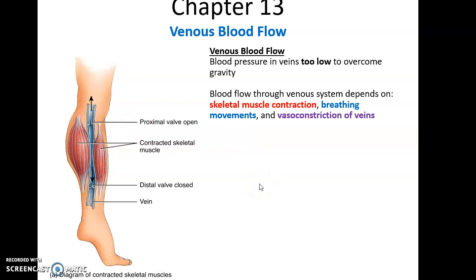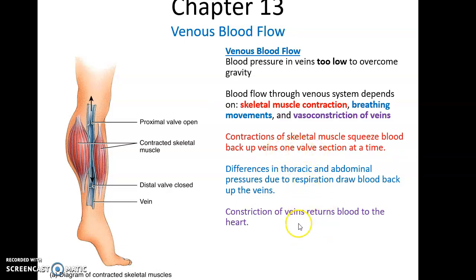And then finally, the third way blood can be moved along the veins is vasoconstriction. The veins can constrict, decrease the space within them to help push blood toward the heart. So skeletal muscle contractions, the movements of breathing, and vasoconstriction of veins are all ways that help move the blood in the veins back to the heart.